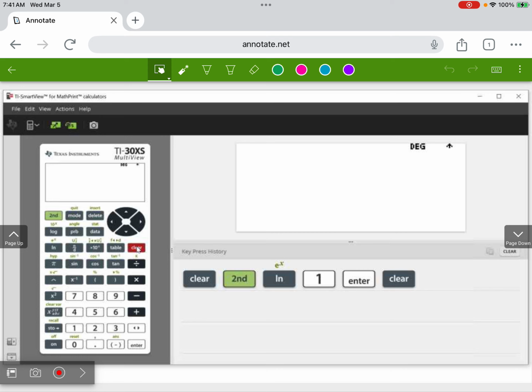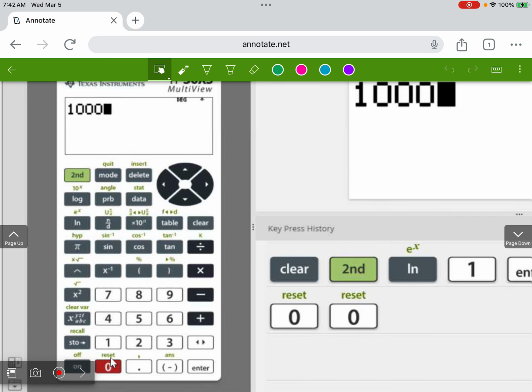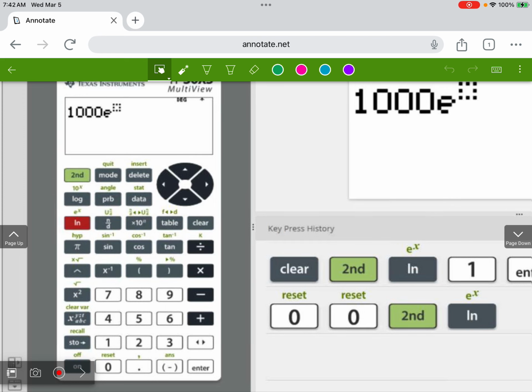So to type this in our calculator, we're going to do our 1,000, then to get to our e, I'm going to show you the physical buttons we push. We push the green button on the top left. Then we push 2 down from it, ln, because it's our little e. Anything in the green, we have to hit that second button to get to.